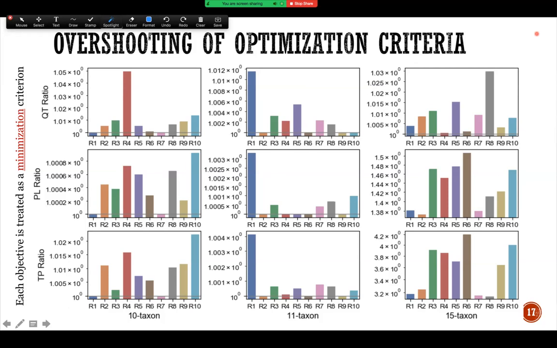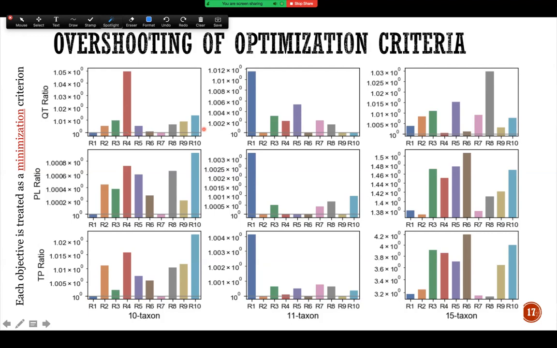Here we show our observation on overshooting, which effectively motivates us to conduct this study. Here the top row shows the ratio of quartet score of the true species tree and the ASTRAL estimated tree for each of the 10 replicates of each data set.